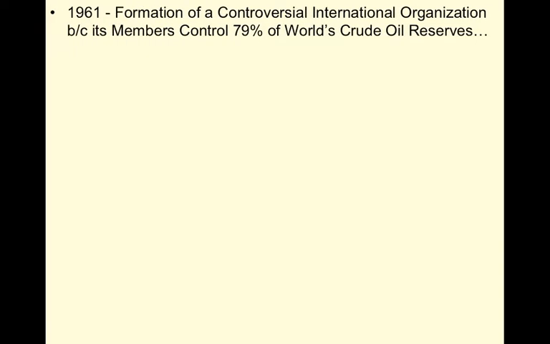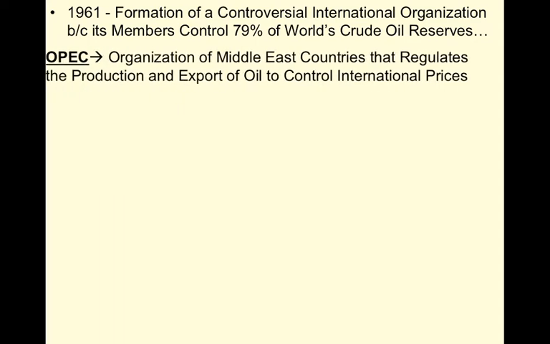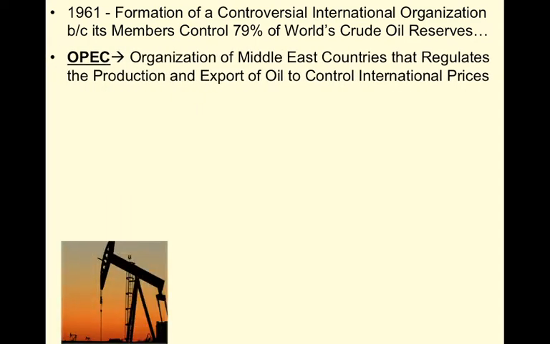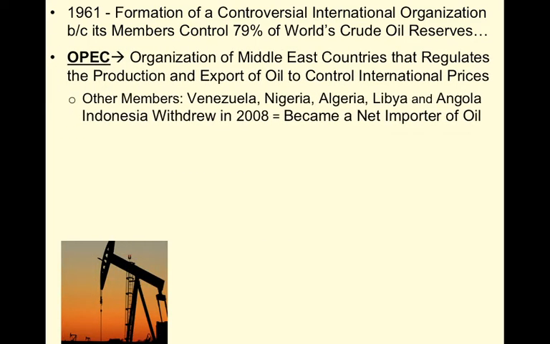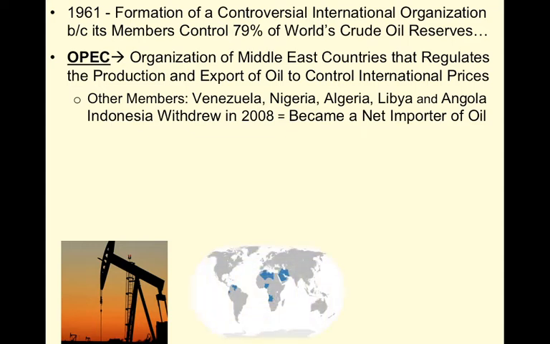So another huge thing in our economy is oil. 79% of the world's oil is controlled by this international organization called OPEC. OPEC stands for the Organization of Petroleum Exporting Countries. They control most of the world's oil, and so they determine how much oil they want to let out into the economy.